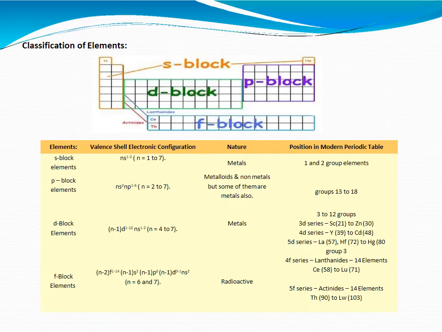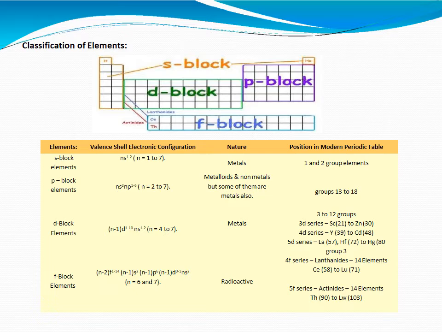Classification of elements. There are 4 types of elements: s block elements, p block elements, d block elements and f block elements. S block elements are those where the valence shell electronic configuration is ns1 or ns2. They are metals and they are in groups 1 and 2.